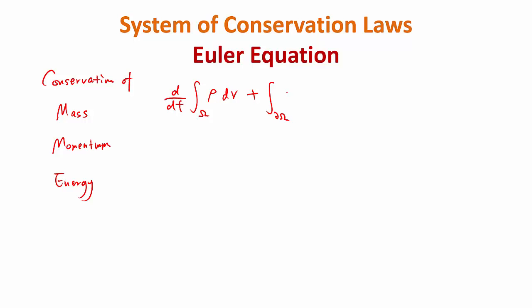So here I'm writing the outflow because my normal by convention points towards the outside of the volume, and dot with the mass flux. Let me leave it as a blank now. ds equal to 0. So what is the mass flux? How can you describe the amount of mass flowing in a unit amount of area in a unit amount of time?